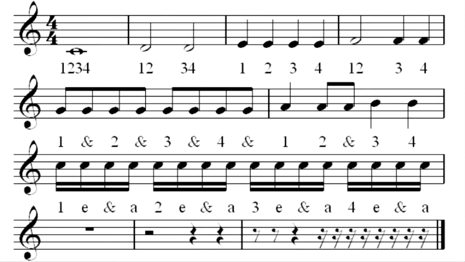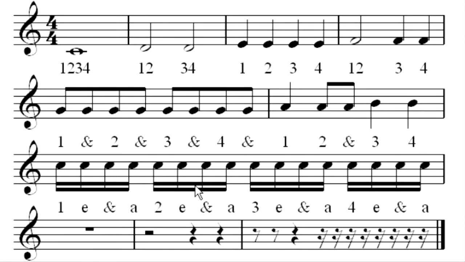I've gone ahead and pre-notated the sequence that I was writing there. There's our whole note, 4 counts, half note, 2 counts each. Quarter notes, half note, quarter, quarter, then eighths, 1 and 2 and 3 and 4 and. Then we have some combinations: quarter note, 2 eighths, quarter notes again.